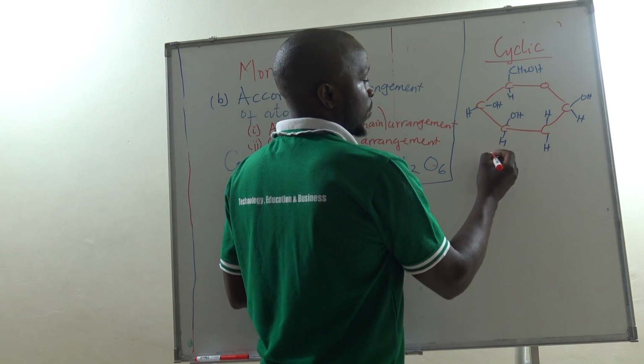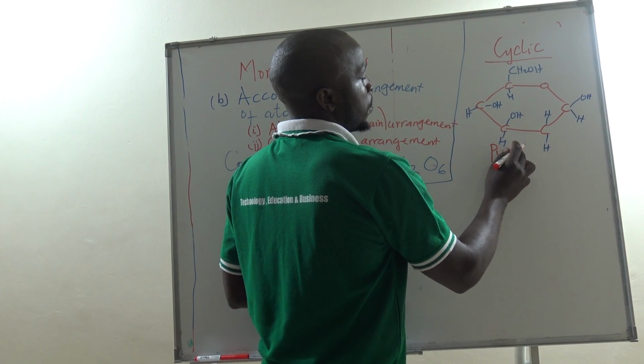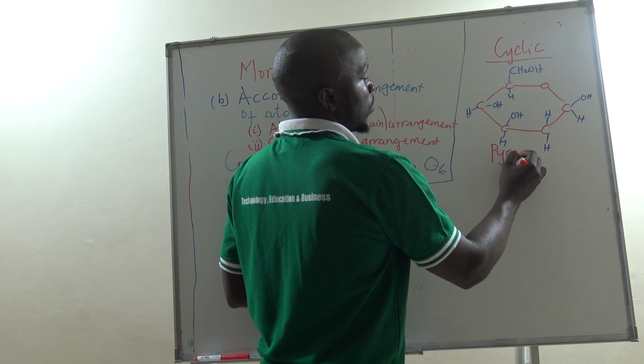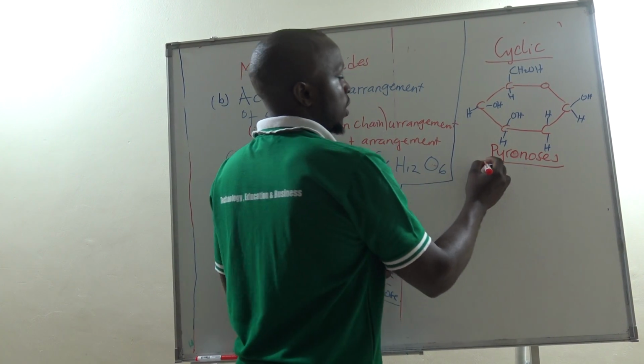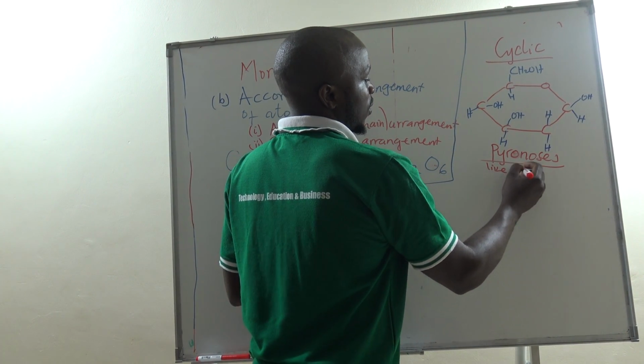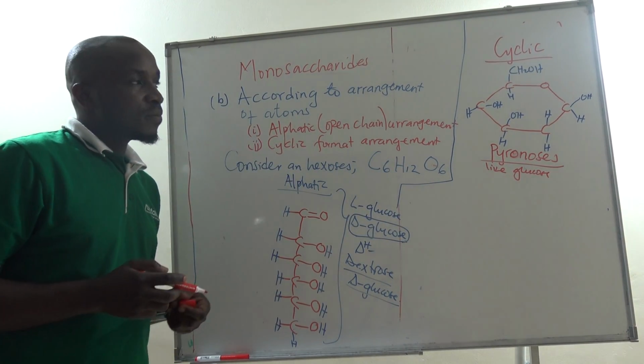Those that take up a six-sided ring, we shall term pyranoses, like glucose. Glucose takes up a six-sided ring.